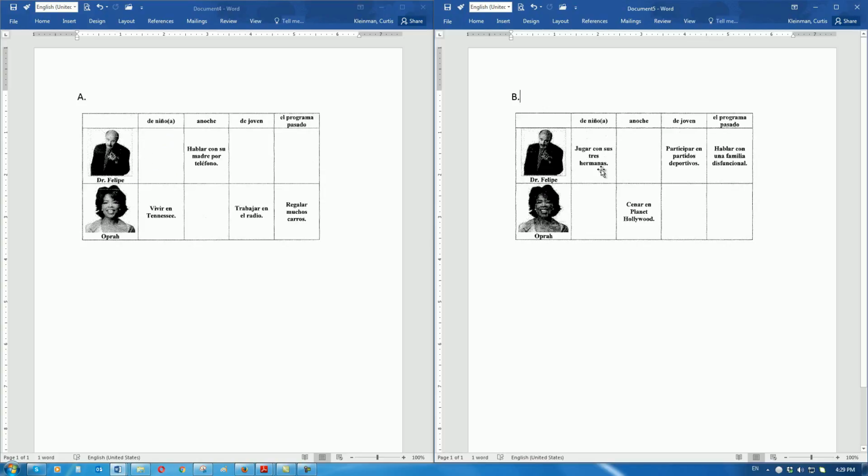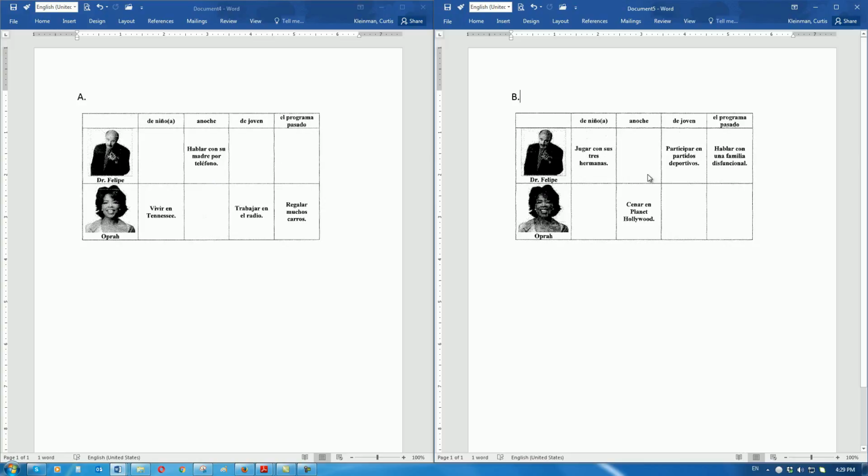As they interact, student B will give student A the information that student A needs, and student A will fill it in. Later, student B doesn't have information about what Dr. Phil did anoche. Anoche is last night. So student B has to speak with student A, who has that information.